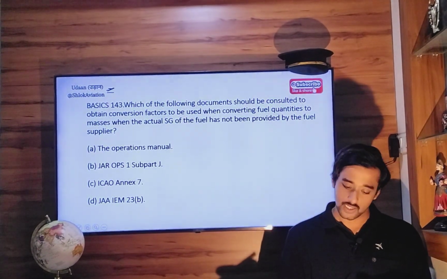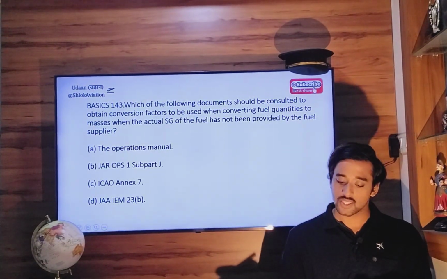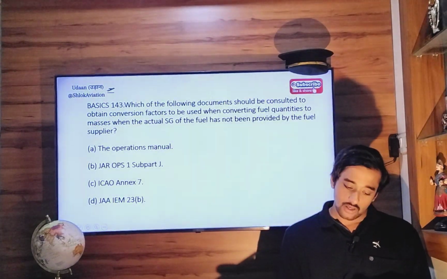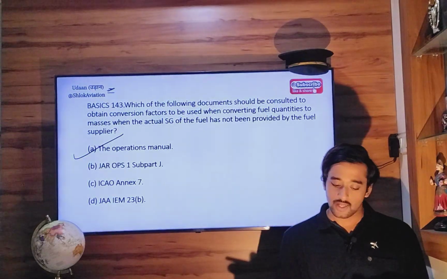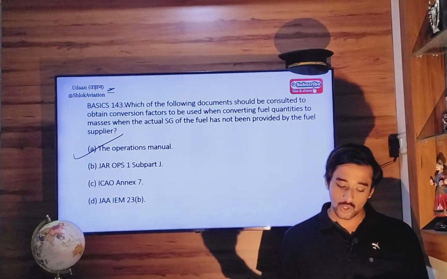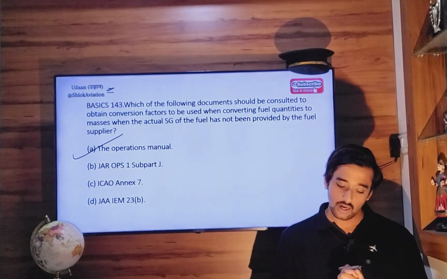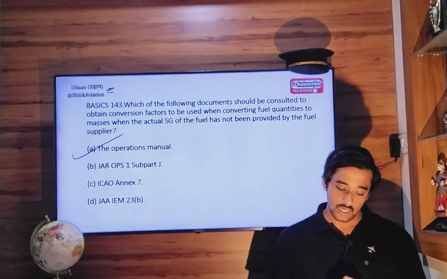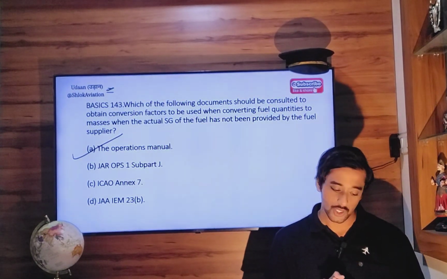Okay. Next. Which of the following documents should be consulted to obtain conversion factors to be used when converting fuel quantities to masses when actual specific gravity hasn't been provided by the fuel supplier? You will consult the operations manual. In that manual, you will find how to convert a particular fuel quantity into kilograms if the specific gravity is not given to you.